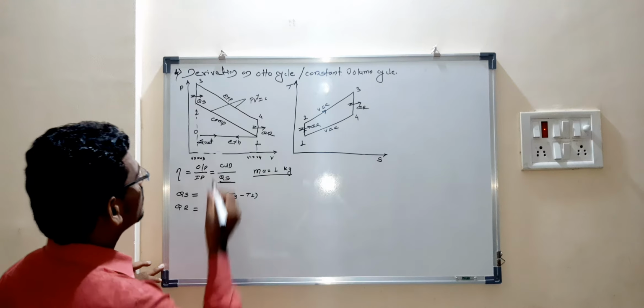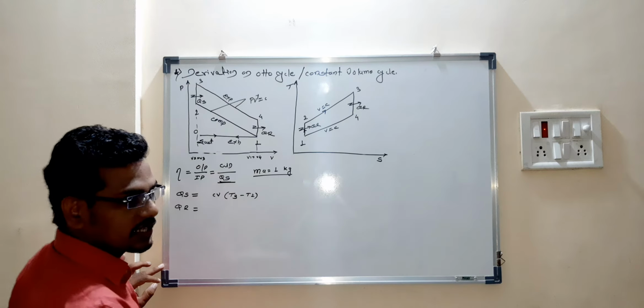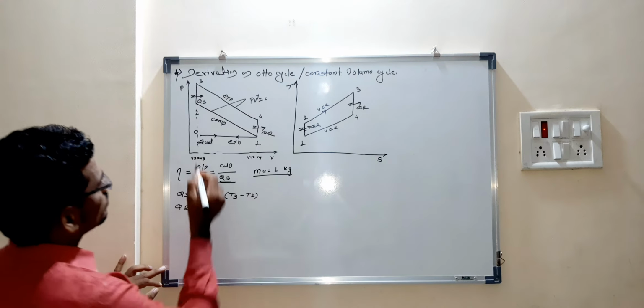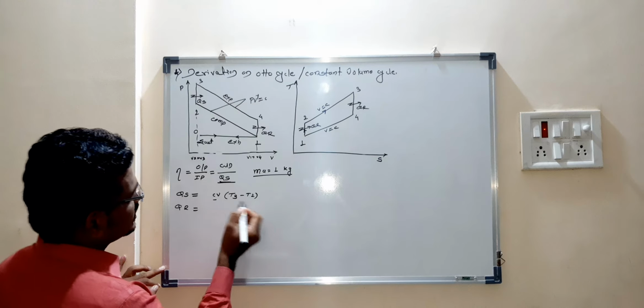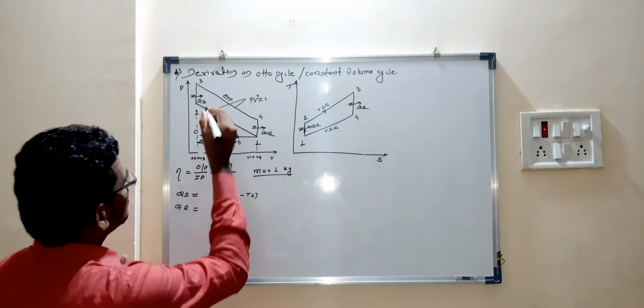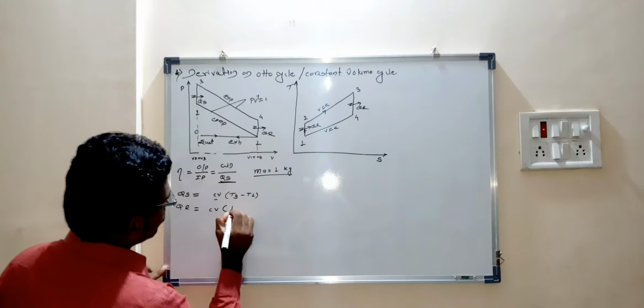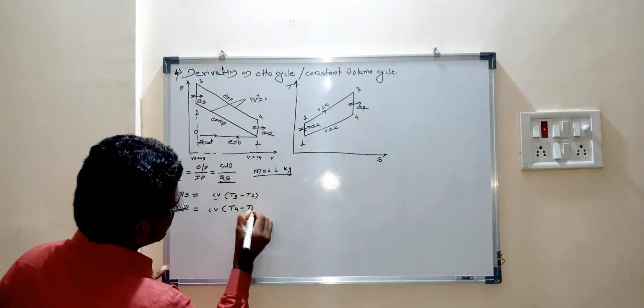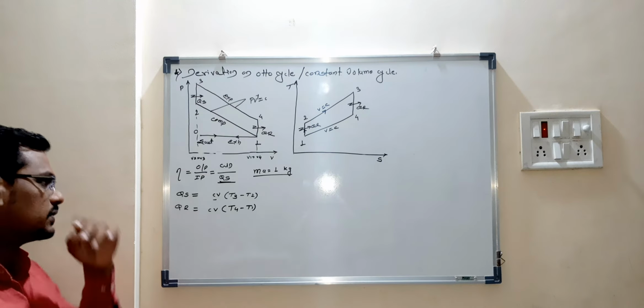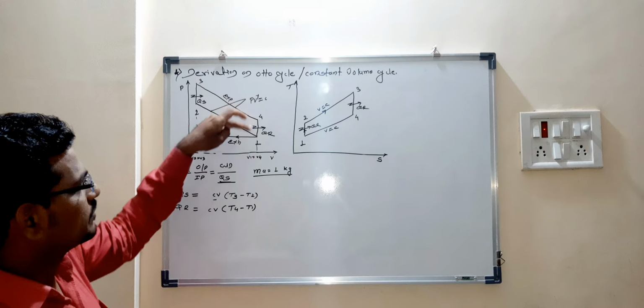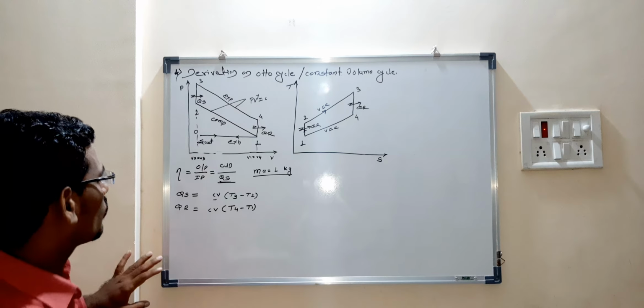Work done is heat supplied minus heat rejected. Heat supplied is Cv (T3 minus T2). Similarly, heat rejected is Cv (T4 minus T1), because the heat rejection takes place between point number 4 and 1.